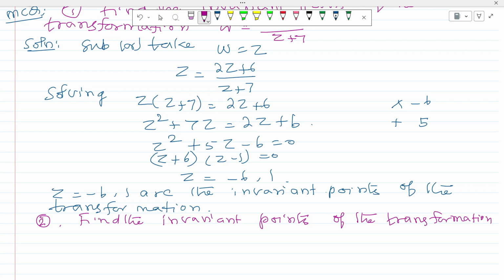Find the invariant points of the transformation W equal to 2z plus 4i divided by 1 plus iz.